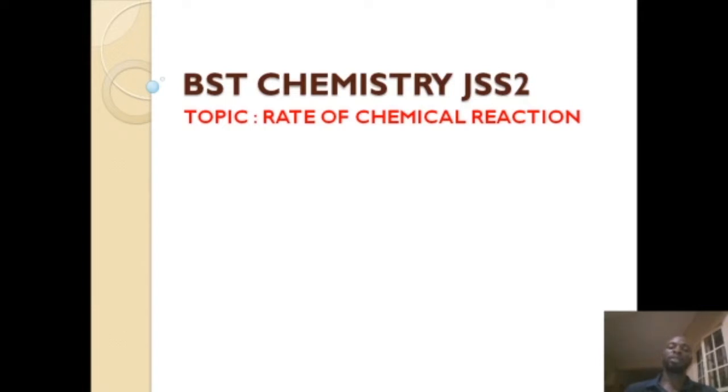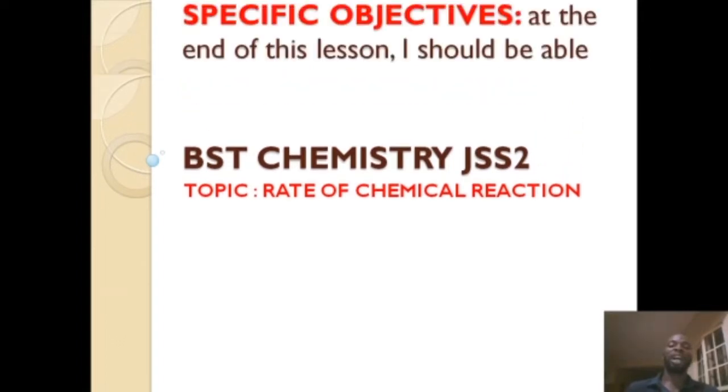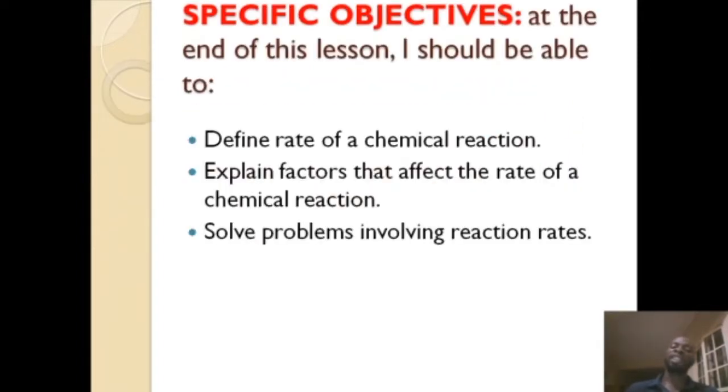This class is for JSS2, and our topic today is rate of a chemical reaction. Our objectives for this lesson are as follows: at the end of this lesson, you should be able to define the rate of a chemical reaction, explain factors that affect the rate of a chemical reaction, and also solve simple problems involving the rate of chemical reaction.